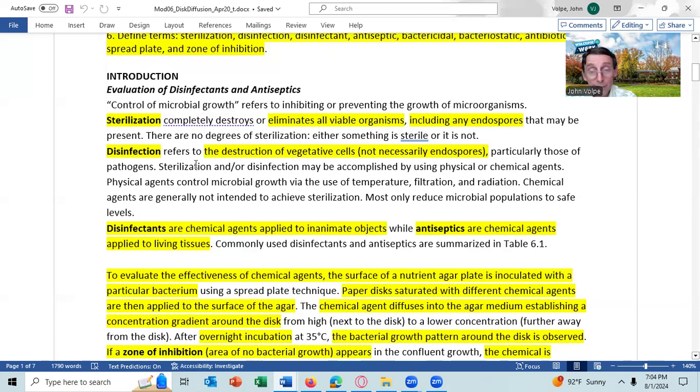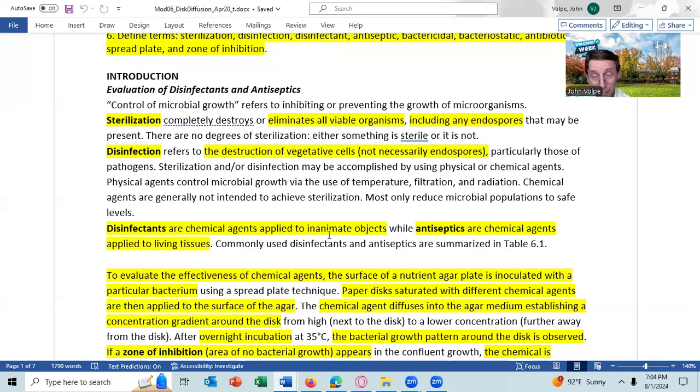Disinfection refers to the destruction of vegetative cells, not necessarily endospores. We usually use a chemical agent that we call a disinfectant to engage in disinfection. These chemical agents are then applied to inanimate objects to remove vegetative cells, but not endospores. So not all disinfectants kill all endospores.